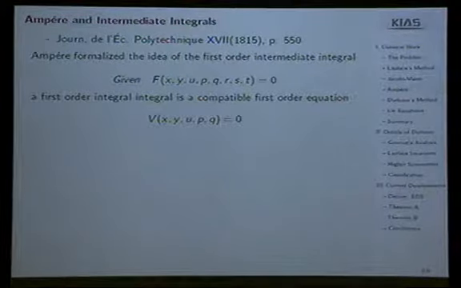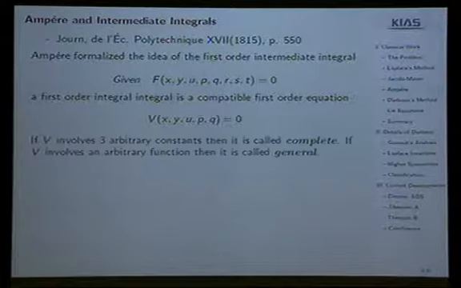So we're given a second-order differential equation, and we want to ask, is there a first-order partial differential equation compatible with that one? That is to say, when we differentiate this, we'll get another second-order system, and we want these two to be compatible.